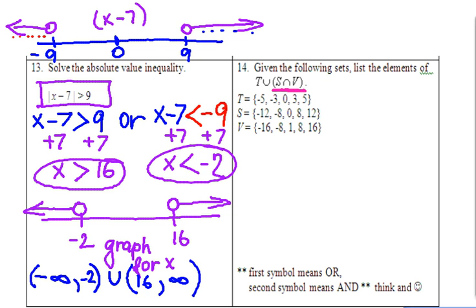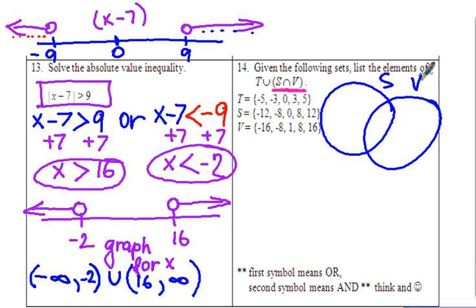We have set S. We have set V, and now what we are looking for is their intersection. So all the elements, all the numbers that they have in common, that is called the intersection. We can also read it as and.